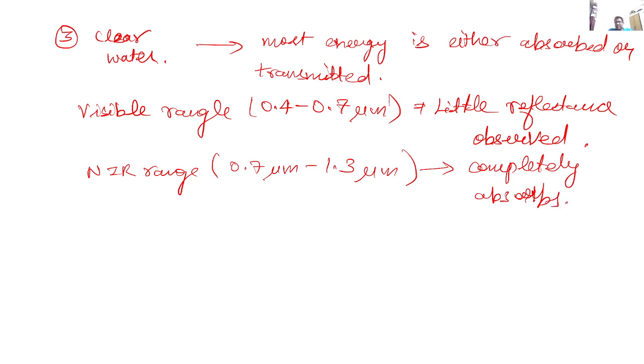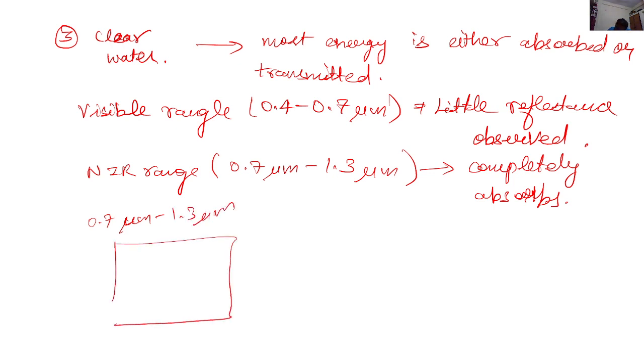So what would you do in this case? It actually makes delineating water bodies from satellite images very easy. You just need to take the near infrared band of an image. Let us suppose your band is 0.7 micron to 1.3 micron. You extract an image from any satellite.